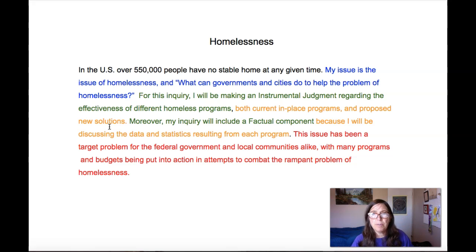So there were two different types of programs, and he was looking at how they compared in success. And then he talks about his factual component. That's the development. The explanation is he's going to be using data and statistics from each program. And then a final summary sentence for the paragraph.